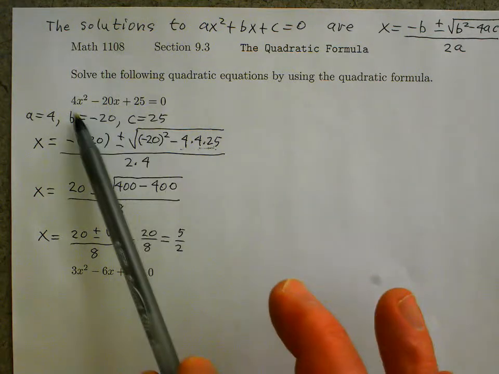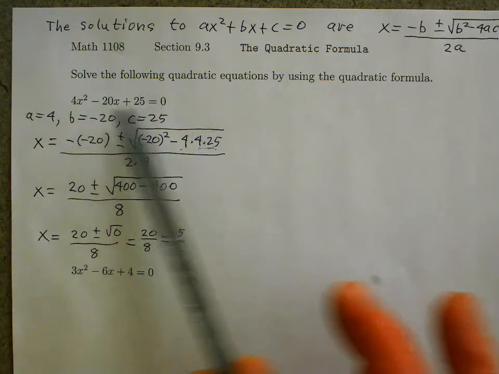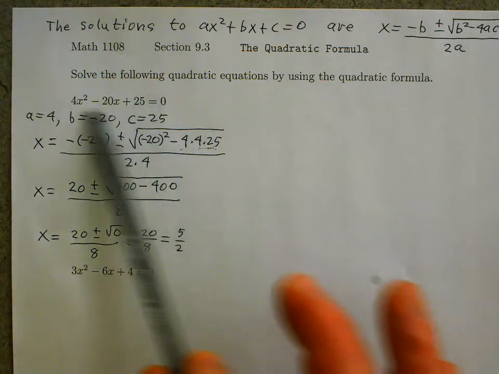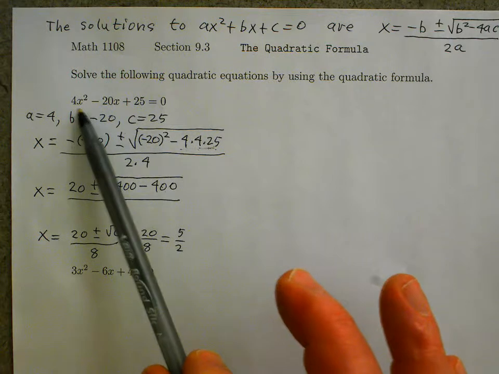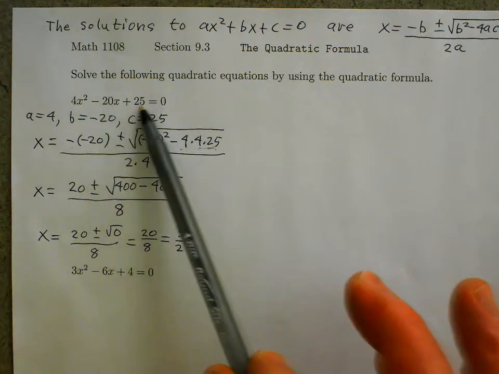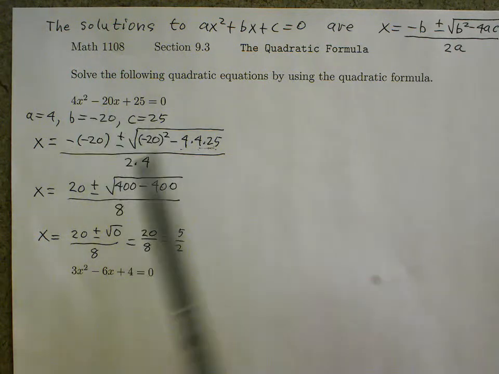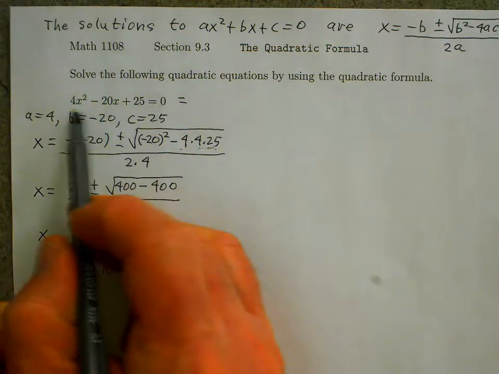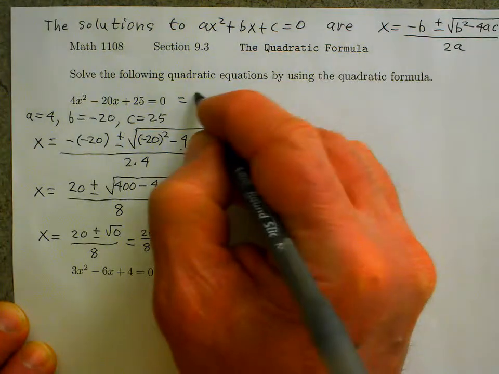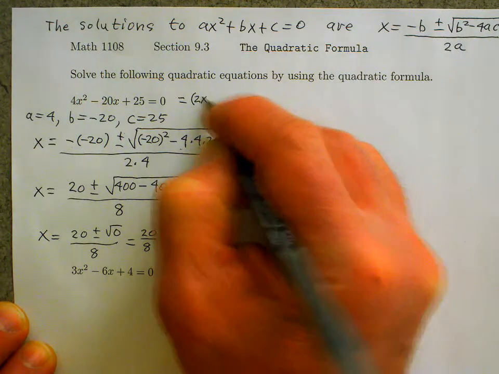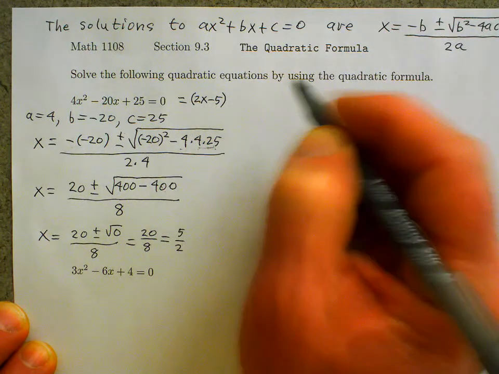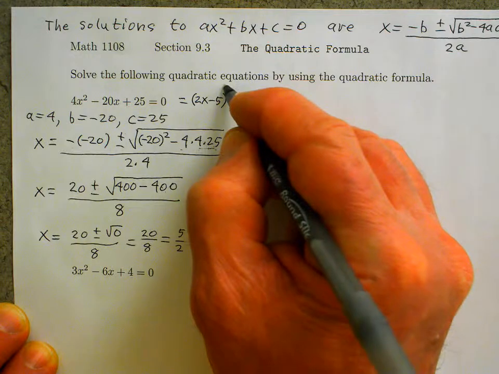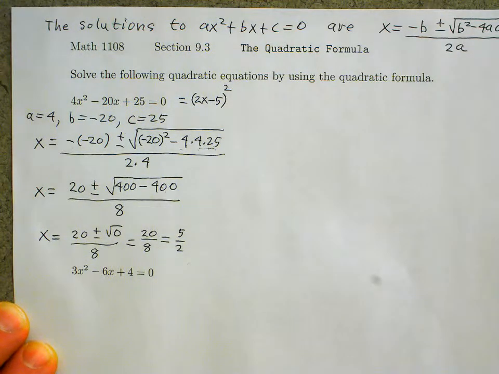Since the greatest common factor of all 3 terms is 1, that must mean 4x squared minus 20x plus 25 is a perfect square trinomial. And you can verify it if you factor this. You'll discover that the two factors are 2x minus 5 times 2x minus 5, or 2x minus 5 squared.